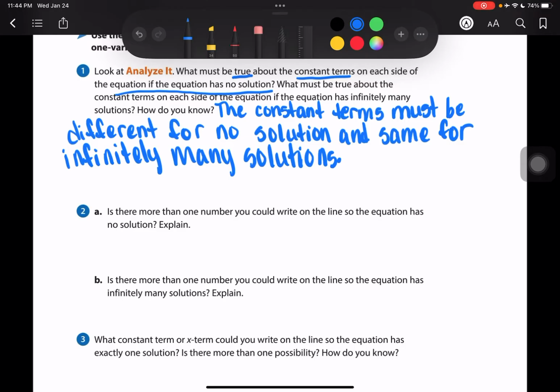So as you're working the problem, we already said that 5 equals 6 is no solution. And when we solve and have 6 equals 6, it's infinitely many solutions.